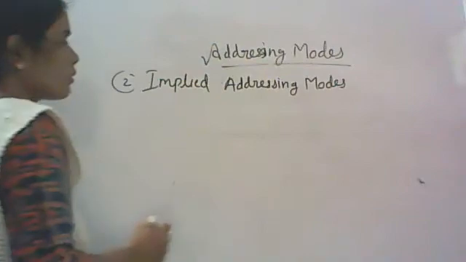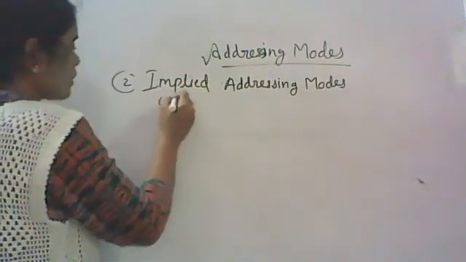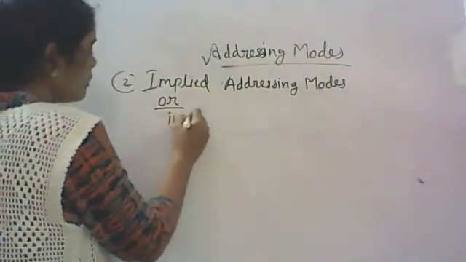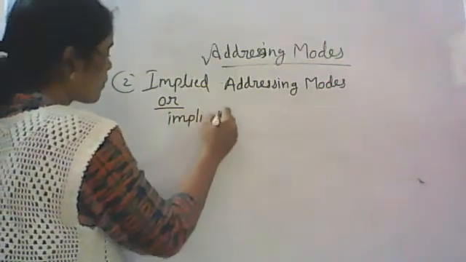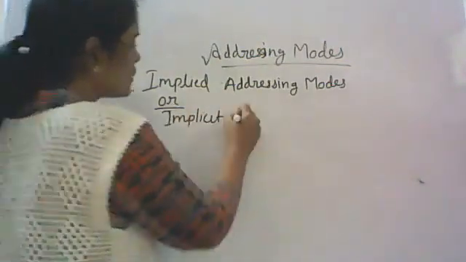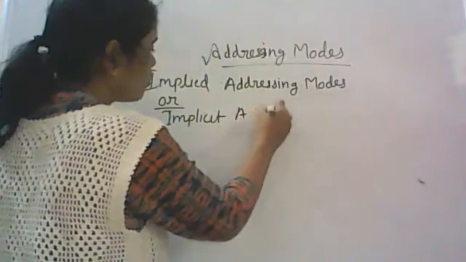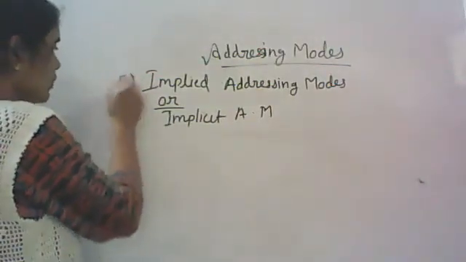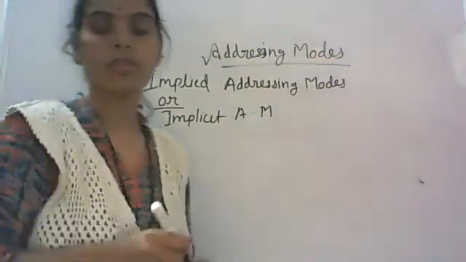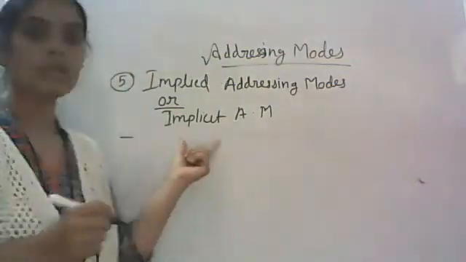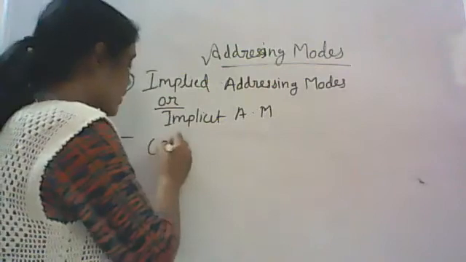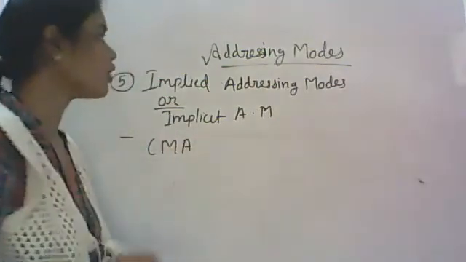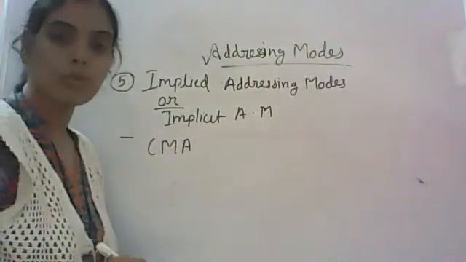Implied addressing mode, or you can say implicit addressing mode. Fifth one, addressing mode. For example, CMA. This is the example of implicit addressing mode.